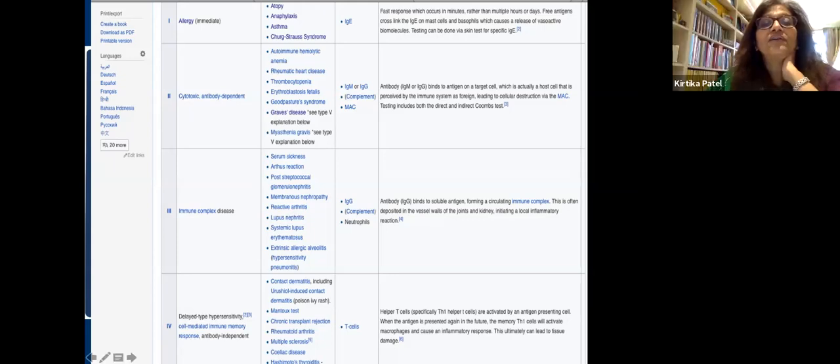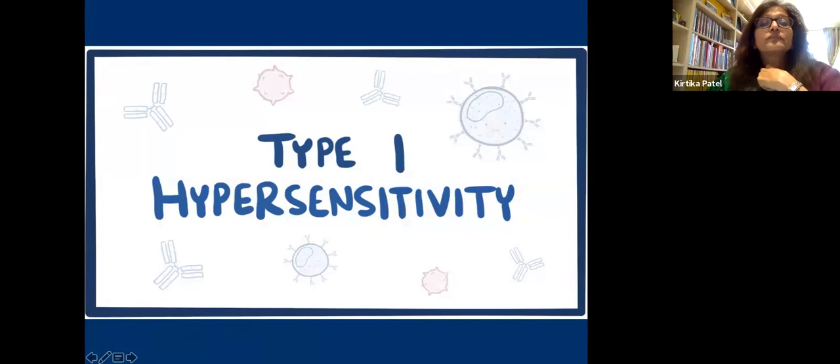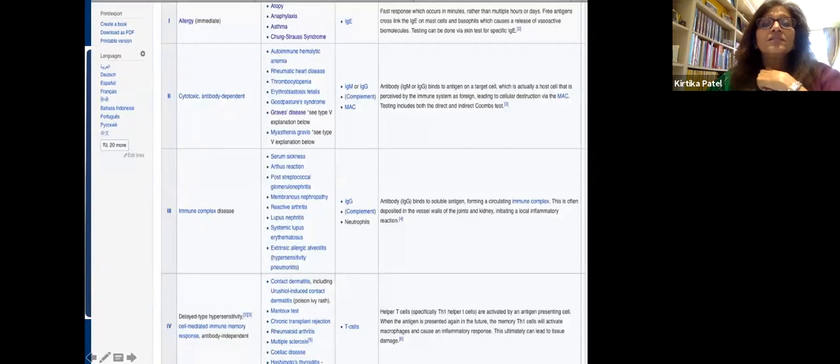Type 1: anaphylaxis, asthma is also included, and food allergy as well. Type 2: anemias, hemolytic anemias, Graves' disease and myasthenia gravis. These were put in type 4 a few years ago, but they've come back in type 2, and we'll see why.